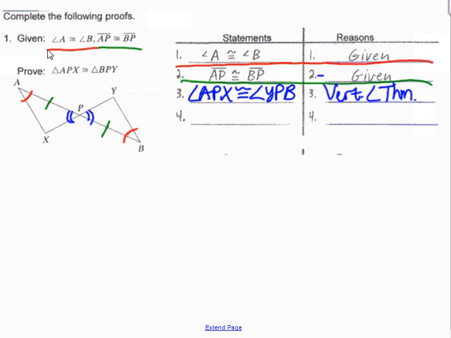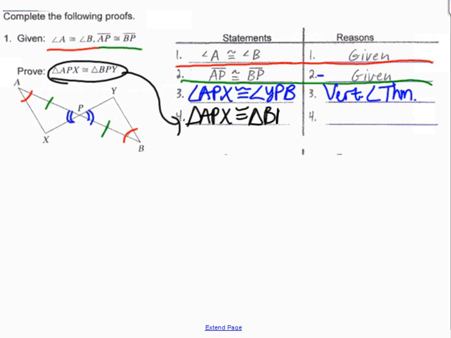Now, after I have my three parts, I have the red, green, blue, I'm going to move on to congruent triangles. Notice what I need to prove is what is last. That's true for every single proof. So I'm going to write triangle APX is congruent to triangle BPY.